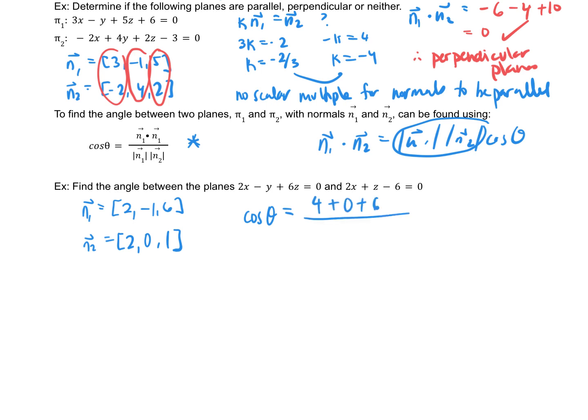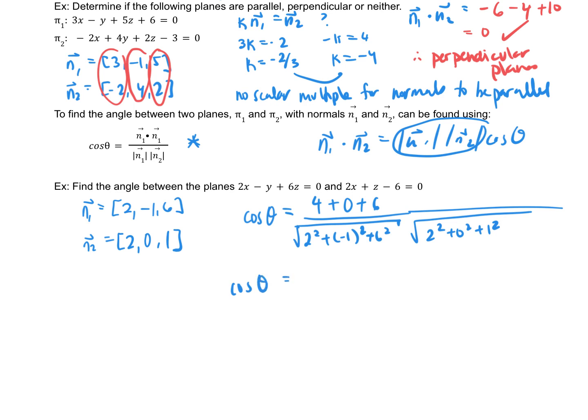So a dot product of 10. Now the magnitudes. 2 squared plus -1 squared plus 6 squared, all square rooted for the magnitude of the first normal. 2 squared plus 0 squared plus 1 squared, square rooted, for the second normal.